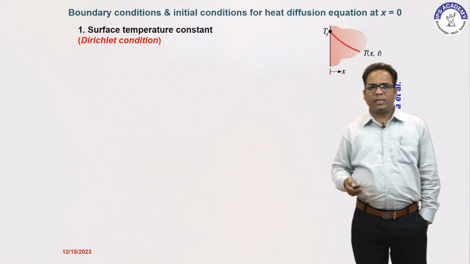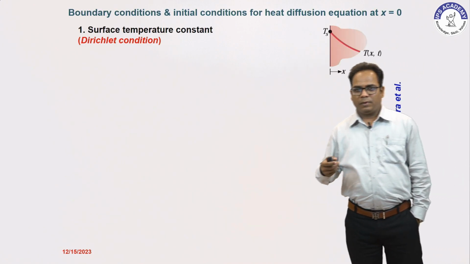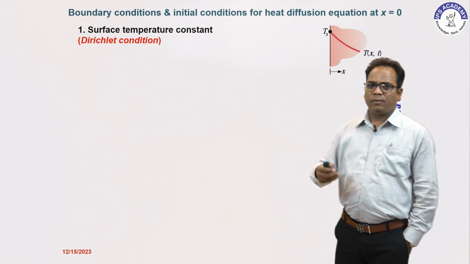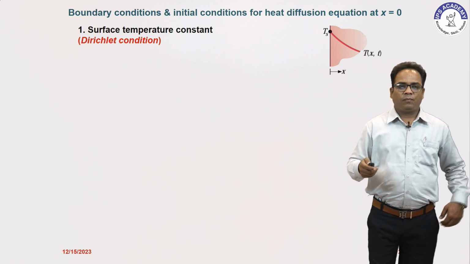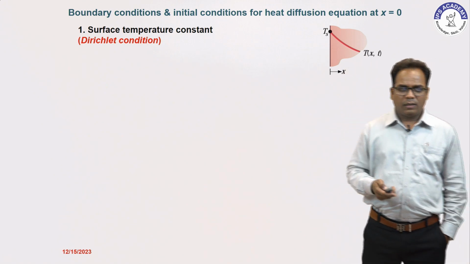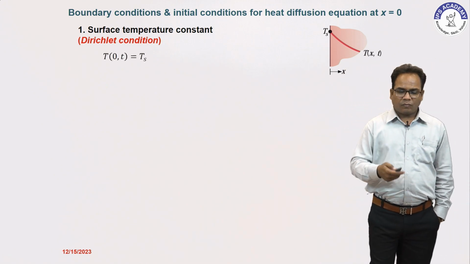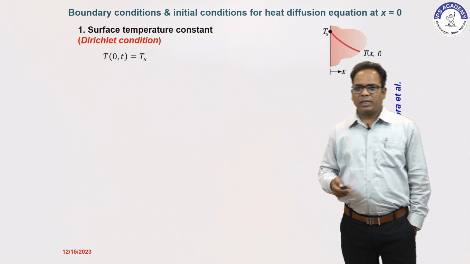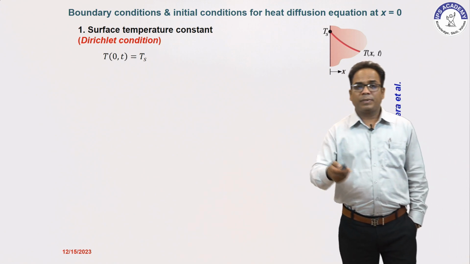There are various boundary conditions. The first boundary condition is when the surface temperature is provided. That is the Dirichlet condition, so the temperature is Ts because the temperature is provided.